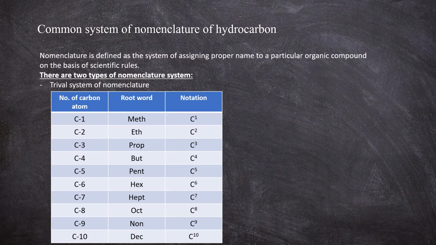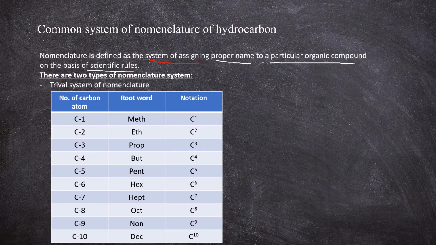It is a system of assigning a proper name to a particular, specific organic compound on the basis of scientific rules. These are the scientific rules for how we name those organic compounds.